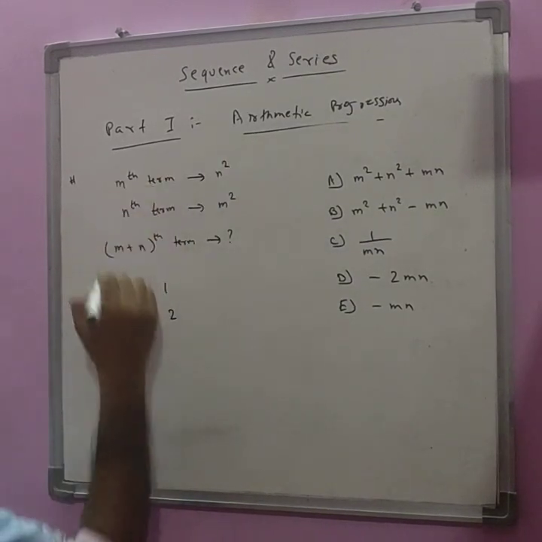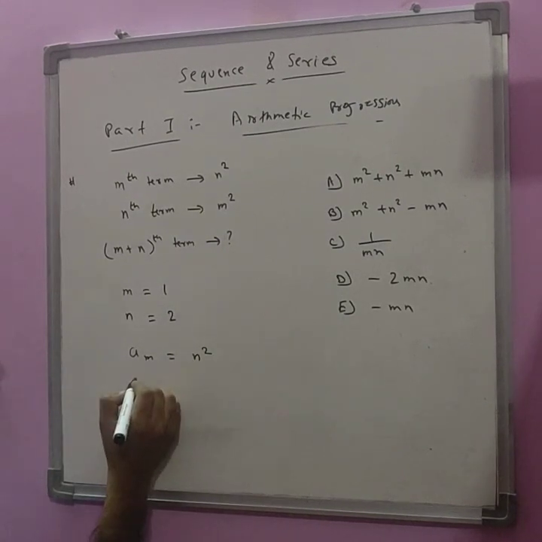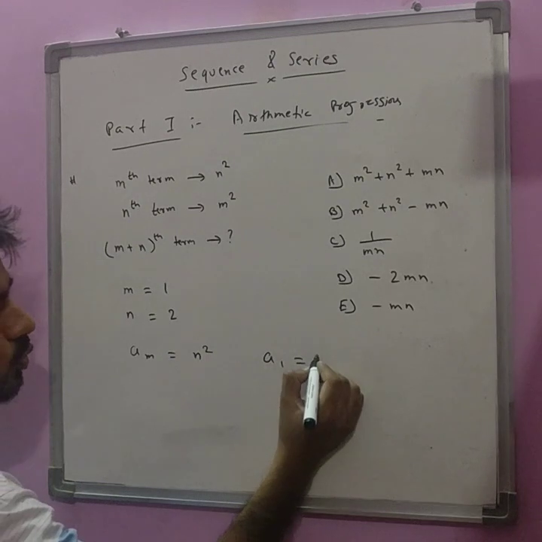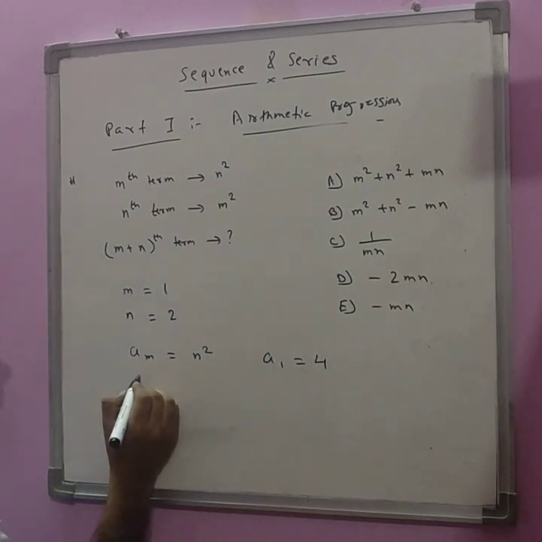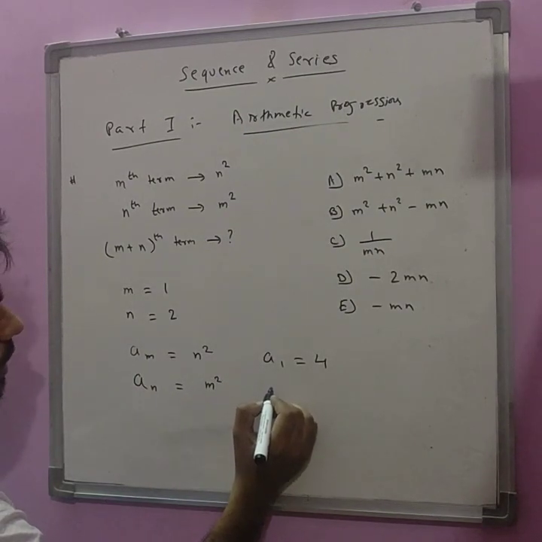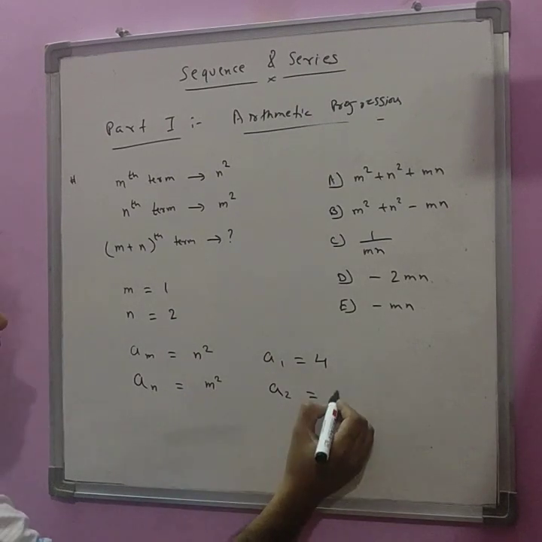So the mth term means am is equal to n square, or you can say that a1 is equal to 2 square, 2 square is 4. Next, the nth term, an is equal to m square, or a2 is equal to what? 1 square, that is 1.